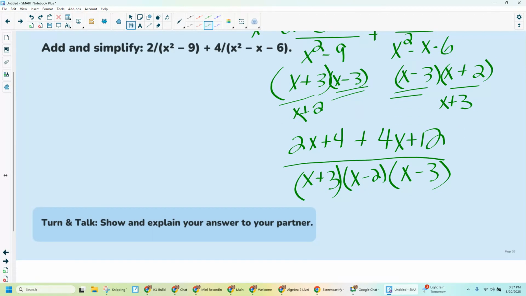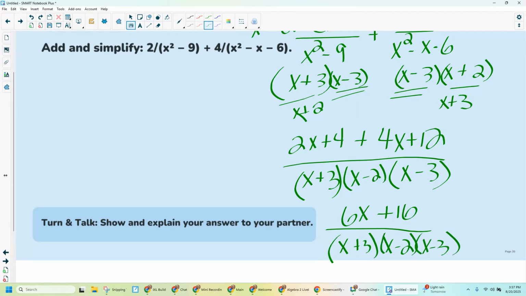Let's go ahead and combine our like terms. 2x and 4x is 6x. 4 plus 12 is 16. All over x plus 3, x minus 2, x minus 3. Doesn't matter what order you write those in, as long as they're all there.